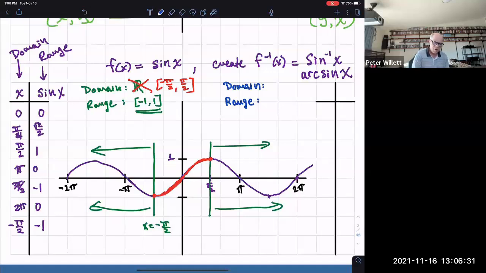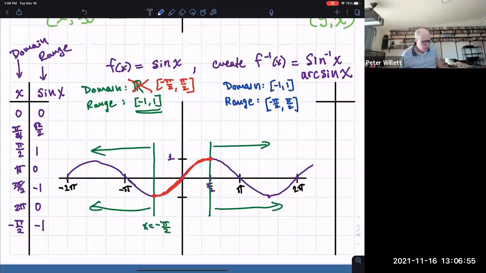And so now the domain of our inverse function will be from -1 to 1. And the range of our inverse function, because we restricted the domain to make it work, will now go from negative π/2 to positive π/2.